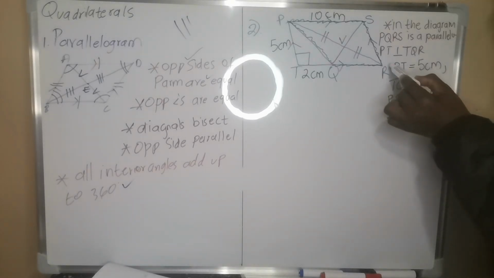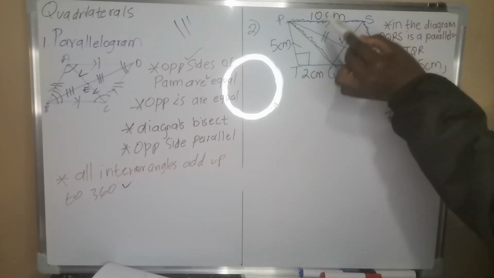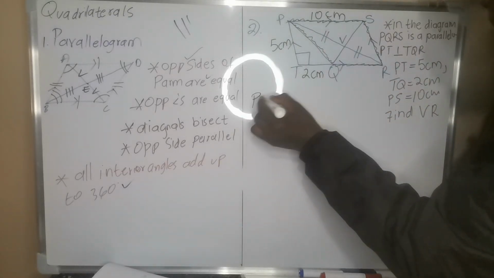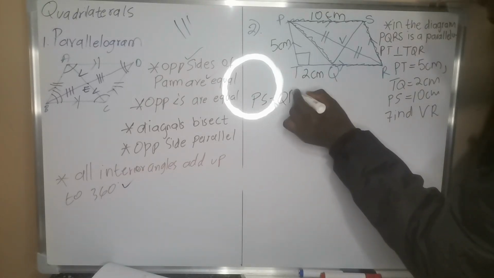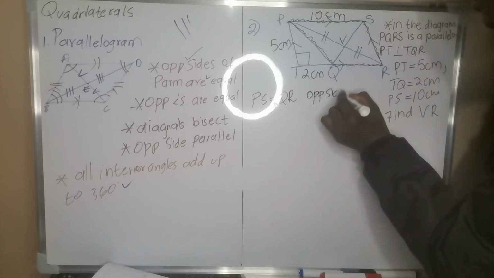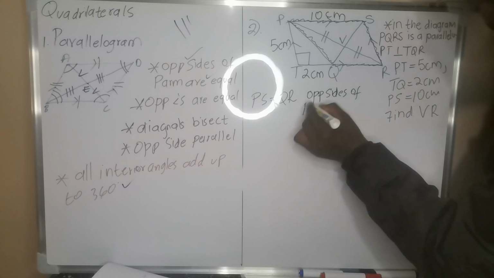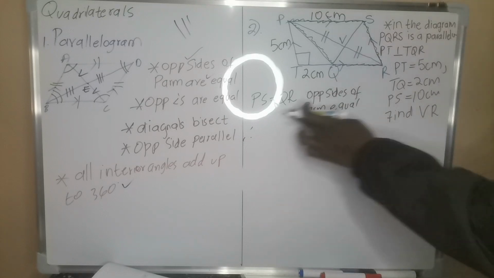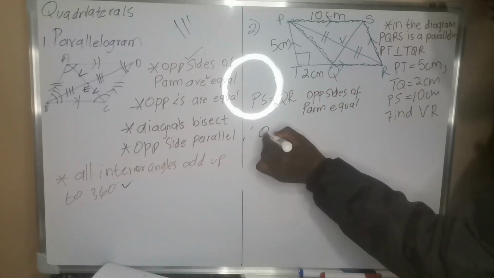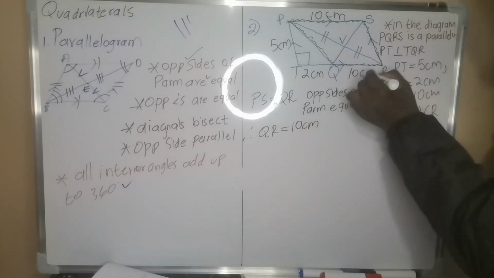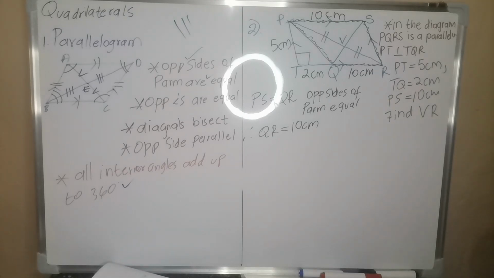No, this side is longer than PS, but PS is equal to QR. Why? Opposite sides of a parallelogram are equal. Therefore, if PS is equal to QR, QR is equal to 10 centimeters.